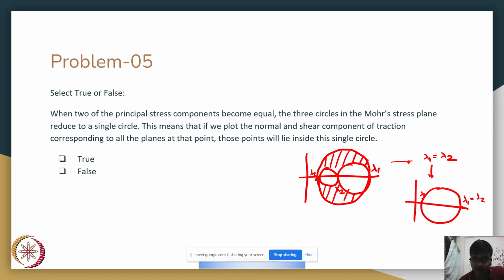This means that if we plot the normal and shear components of traction corresponding to all planes at that point, those points will lie inside this circle. Is the statement true? Will the points sigma comma tau lie inside this circle? Sorry, I didn't hear you. Can you repeat?